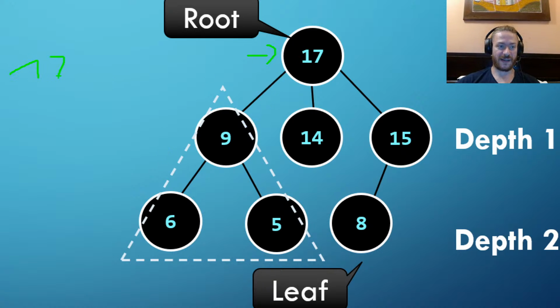So we extract 17, then we extract 9, then we extract 14, then we extract 15. Then we say, okay, let's start with their children. So then we extract 6 and 5. This one doesn't have any children, so we skip it. And we continue with 15. So the last one to visit is 8. This is one way to traverse a tree.